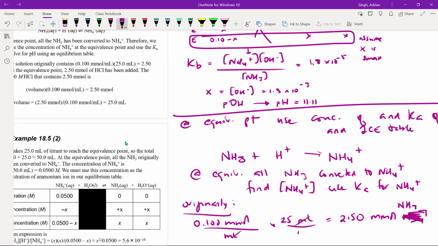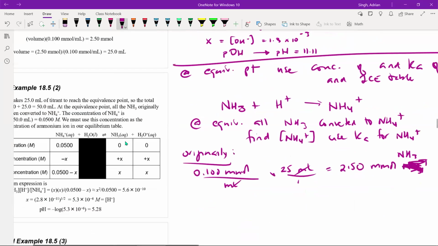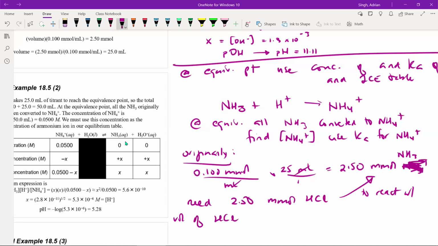So in order to react with all of that, we would need 2.50 millimoles of the HCl to completely react with the NH3. So what volume of the HCl would contain 2.50 millimoles? Well, we know the concentration, and we know how many moles we want.